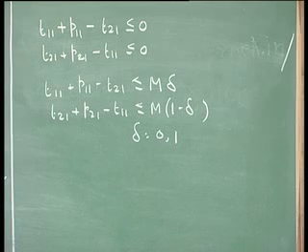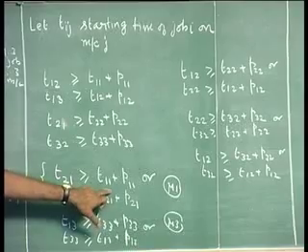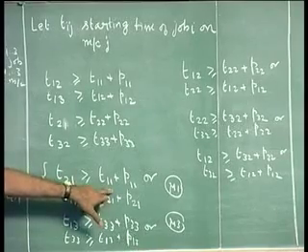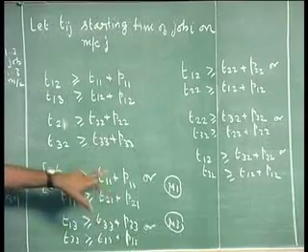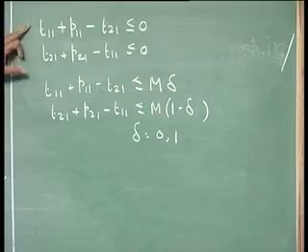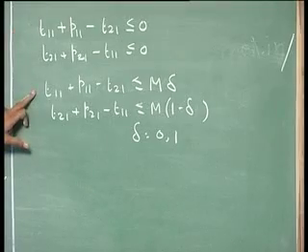Now, what will happen? If this constraint is binding, that is, if it is advantageous for you to start 2 after you complete 1 in your final solution, then this is the one that is binding.